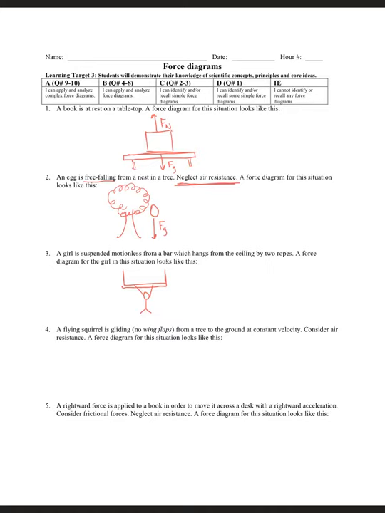Well, again, she's hanging from the ropes. Why is she not floating away? Because something is pulling her down. The thing that's pulling her down is the force due to gravity. But there's also a force that's supporting her so that she's not falling off of the bar onto the ground.